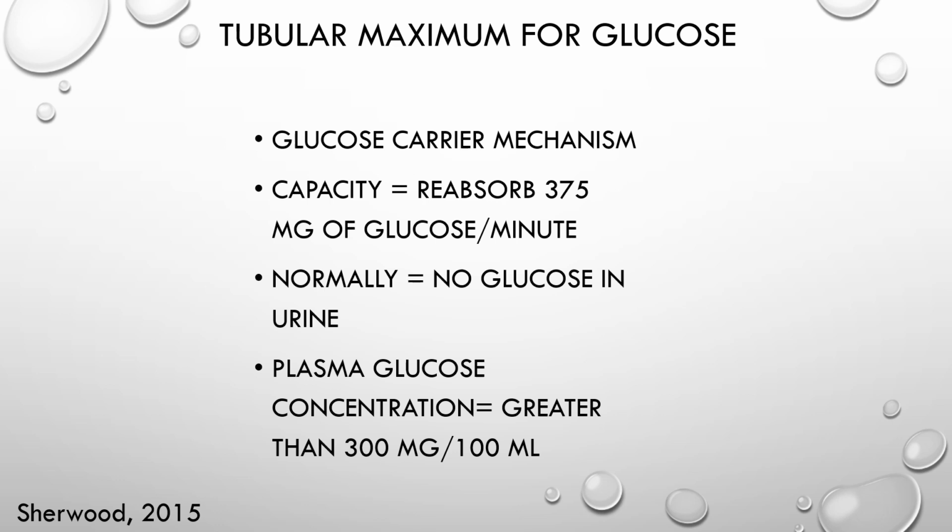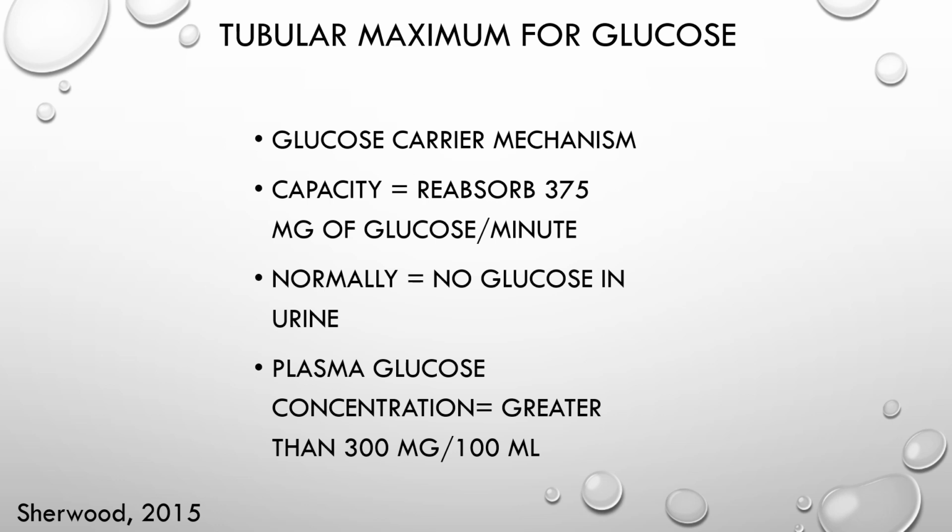The 125 milligrams of glucose filtered per minute at a normal plasma glucose concentration of 100 milligrams per 100 milliliters can easily be reabsorbed by the glucose carrier mechanism because the filtered load is far below the tubular maximum for glucose. Normally, there is no glucose found in the urine.